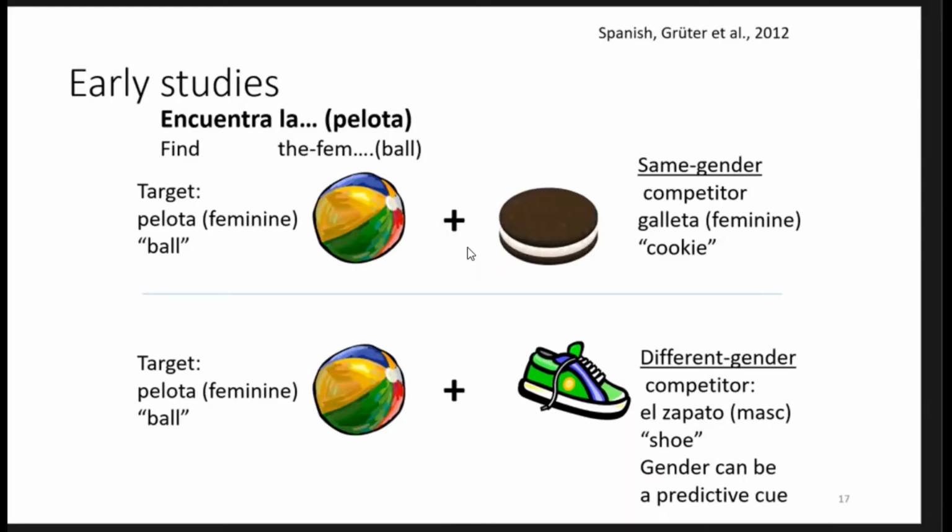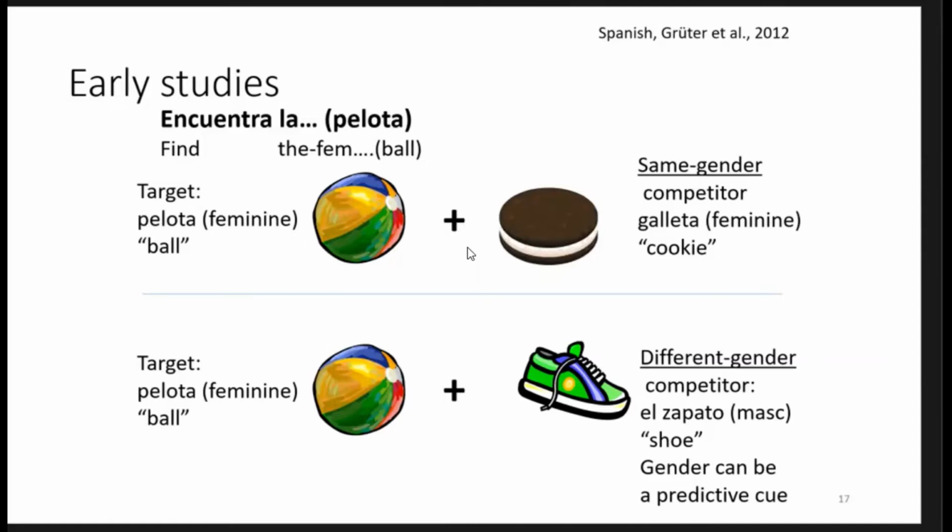Those are two feminine labeled objects. And then we have a different gender condition in which, in this case, one of the objects is masculine and the other feminine. So if you ask people to find "the," and the determiner is marked feminine, it's "la," that determiner is potentially predictive in the lower row.